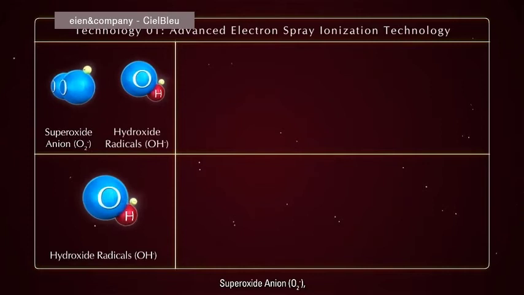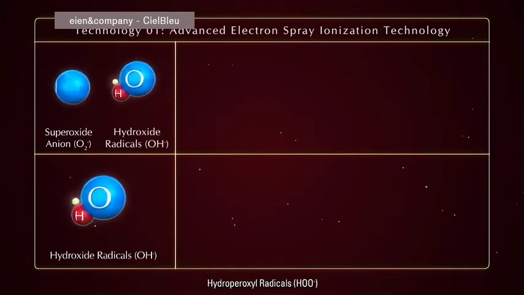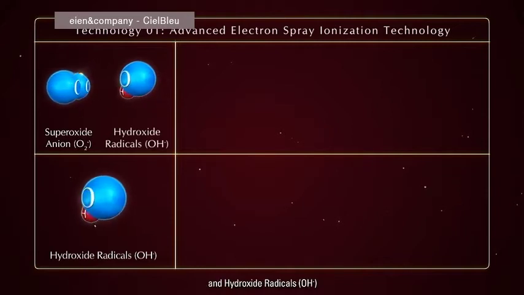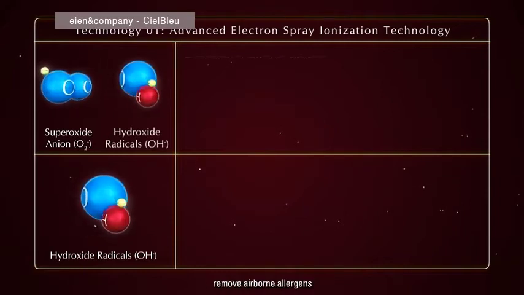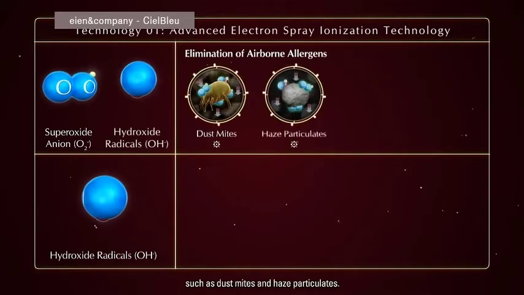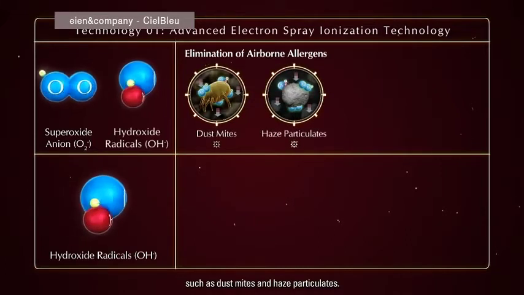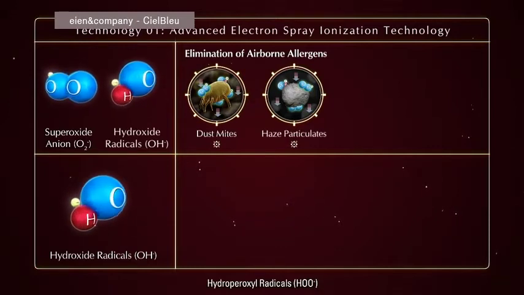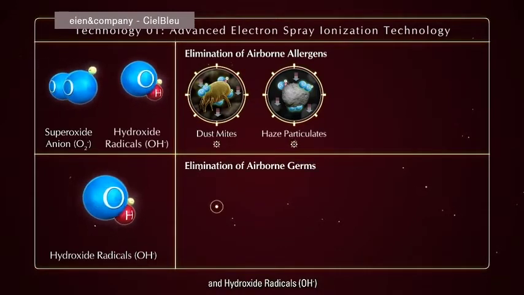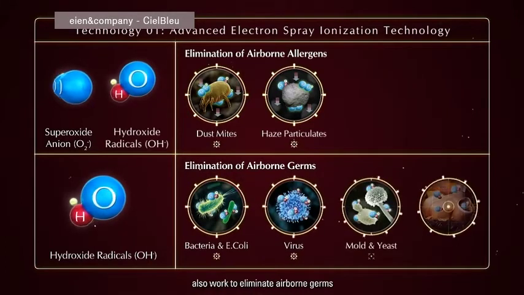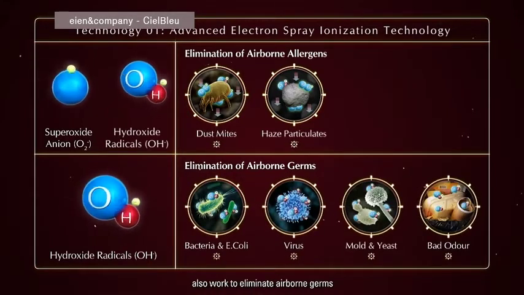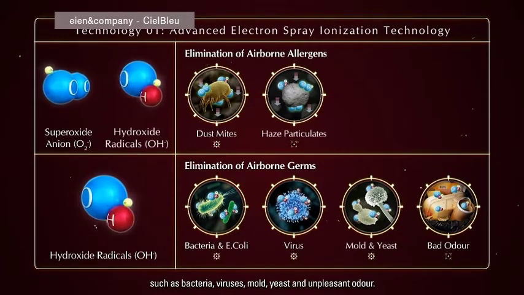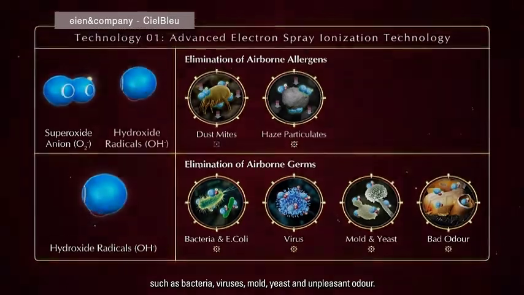Superoxide anion, O2-, hydroperoxyl radicals, HOO-, and hydroxide radicals, OH-, remove airborne allergens such as dust mites and haze particulates. On top of that, hydroperoxyl radicals, HOO-, and hydroxide radicals, OH-, also work to eliminate airborne germs such as bacteria, viruses, mold and yeast, and unpleasant odor.